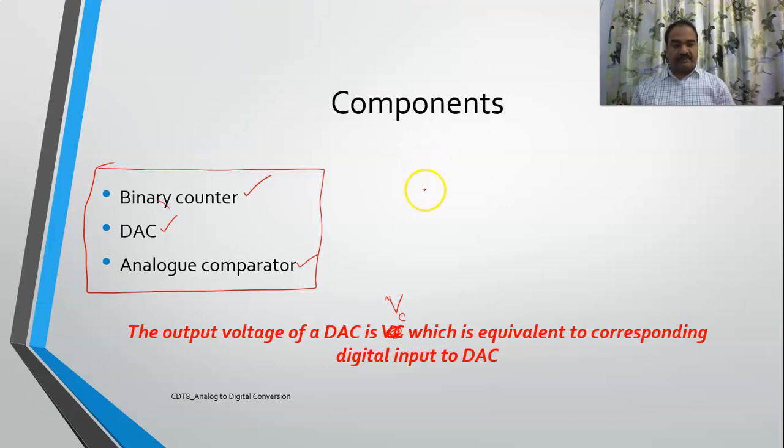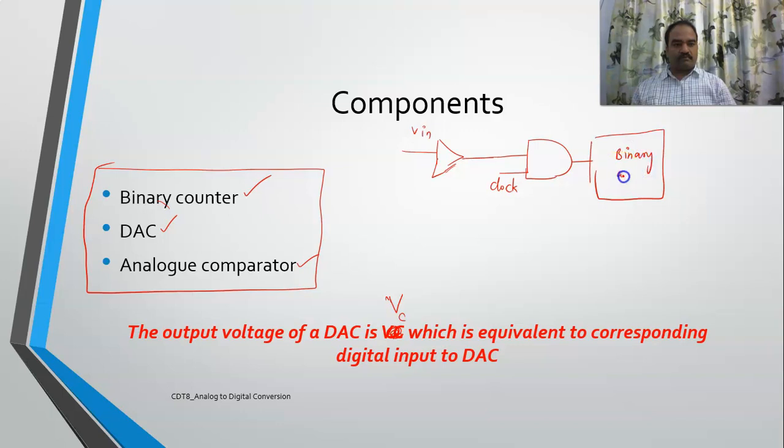I'll take an empty slide here. Now let us suppose you do have an input here, and you are giving it to your AND gate, and here you are giving, let us suppose, clock pulses. This is your binary concept, okay?